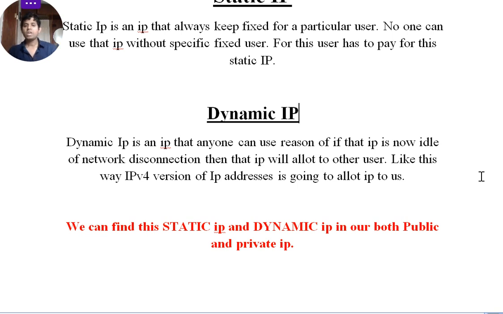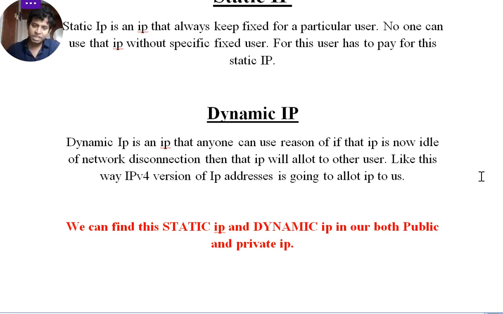So when I am sleeping, or traveling somewhere where my mobile phone is off, so no internet is incoming or outgoing from my mobile, at that time someone else in this world is using my IP. So it's called dynamic IP.